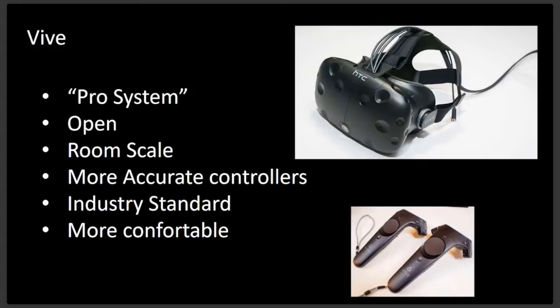It works very smoothly there. The room scale is very accurate. The controllers are very accurate because the base stations, the sensors, are plugged in. So it is the industry standard, and I find the way the headband rests around my head very comfortable, and I feel I could be in there for a long time.